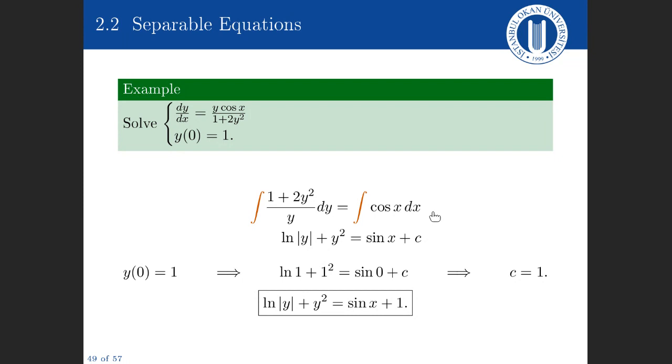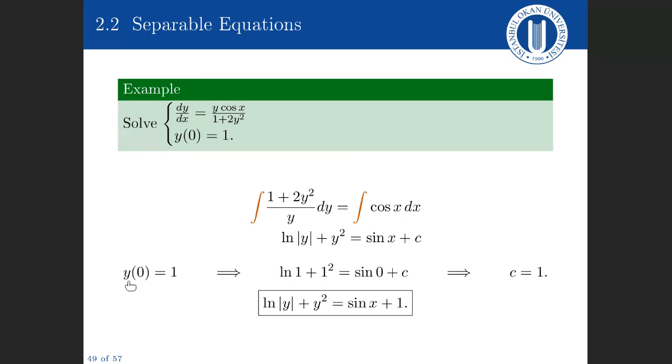First, take the differential equation and rearrange it so that all of the y terms are on the left and all of the x terms are on the right. If you can do this, then you're allowed to integrate both sides. On the left side, I get the natural logarithm of the absolute value of y plus y squared. And on the right side, I get sine x plus c.